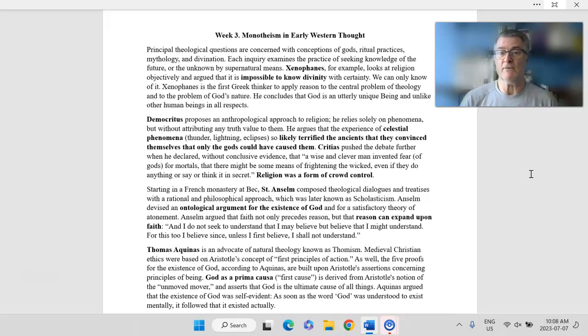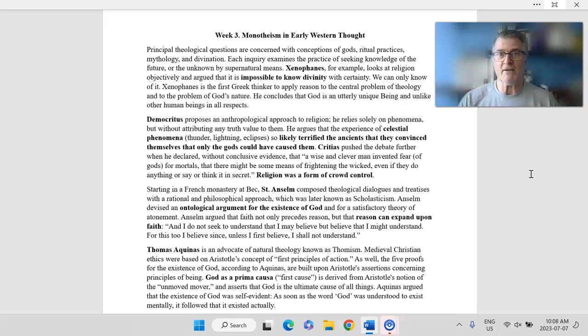It's about the divine. And sure enough, back in the 500s BC, we already had thinkers like Xenophanes saying, look, if you look at this objectively, he argued that it is impossible to know divinity with any degree of certainty.